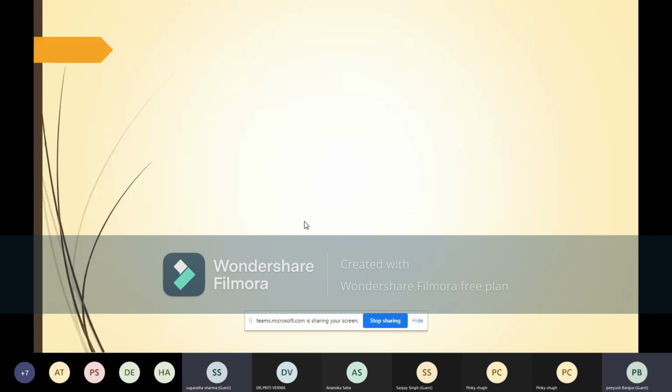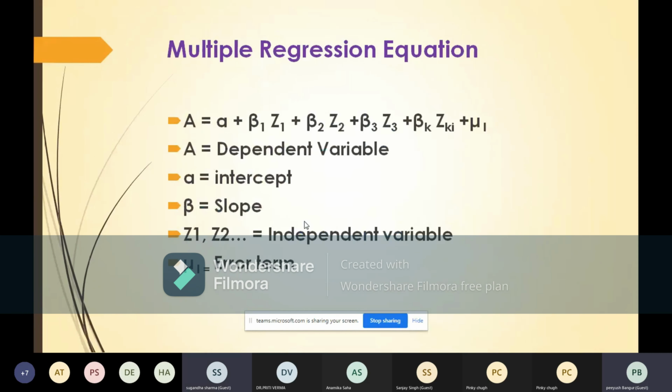For example, in multiple regression, how many variables have I used? If I have used 4 variables, or the number is 12, up to 12 I have to formulate in a similar way. There is no other way to formulate the regression equation, because this is the standard format.